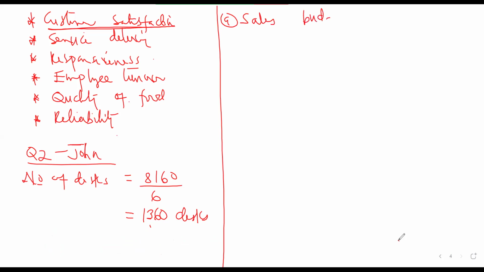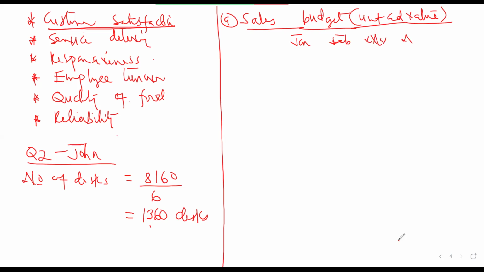Okay, so let's have our A here, the sales budget. The sales department will prepare these budgets in units and value. So they are saying that every month we are going to be selling 1,360. So we can have our January here, February, March, April, May, and we have the June here.